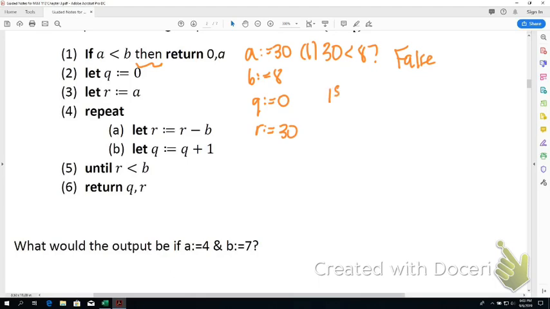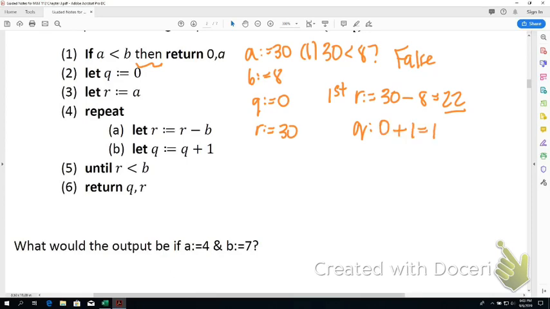So the first time through, it looks like R would be assigned as R minus B. So R is going to be 30, the current value of R, minus B, which is 8. So I get a 22. So currently R is 22. And then our Q would be the current value of Q, which is 0 plus 1.